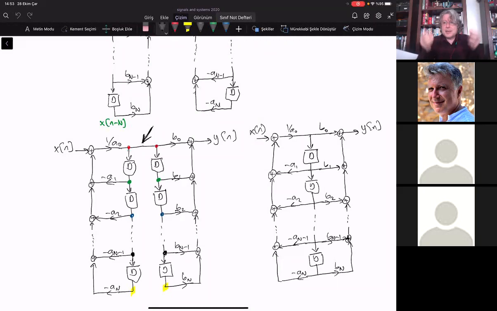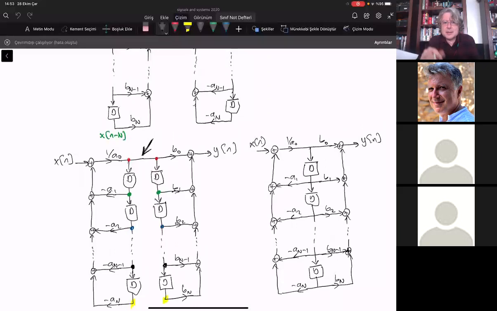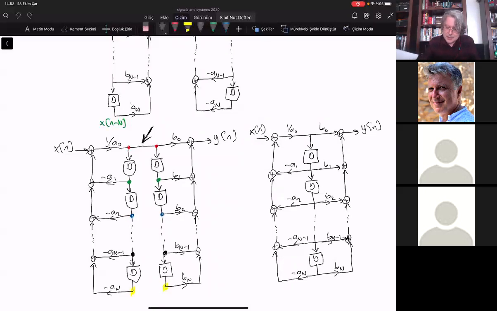And then we delay them further to obtain the blue signals, which are also the same. So why do we have two separate blue, green or red signals? Instead of that, I'm just merging them with a single delay element at the right-hand side shape. And that's what I do.